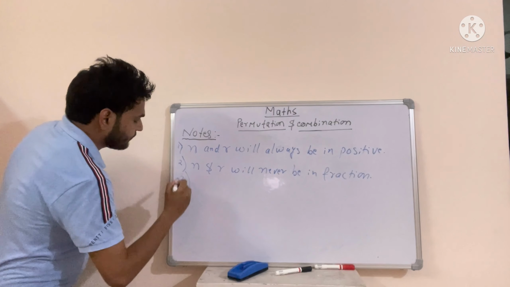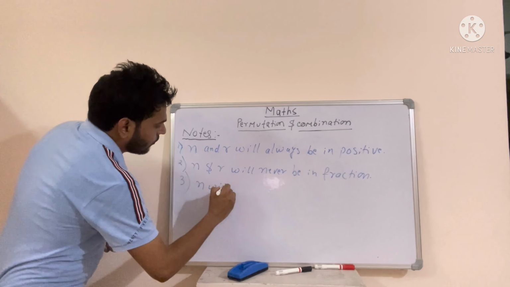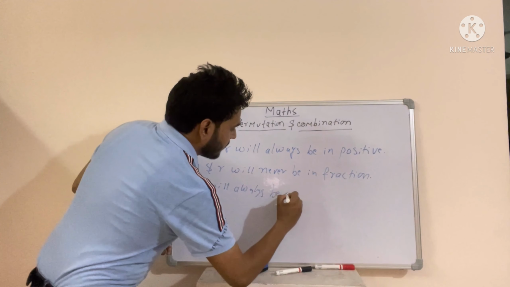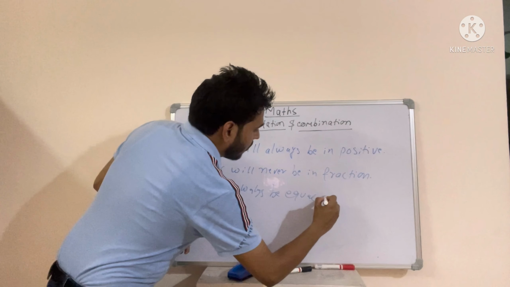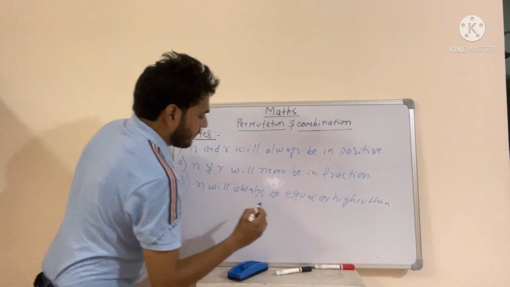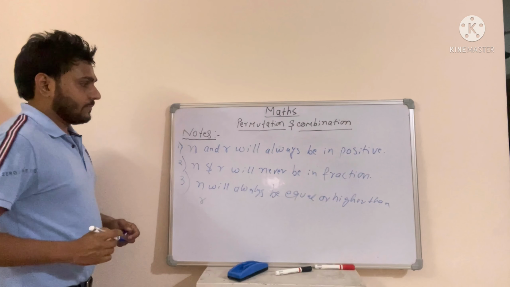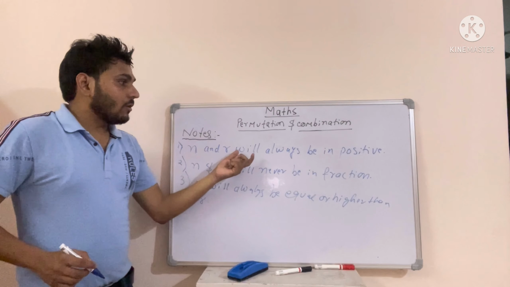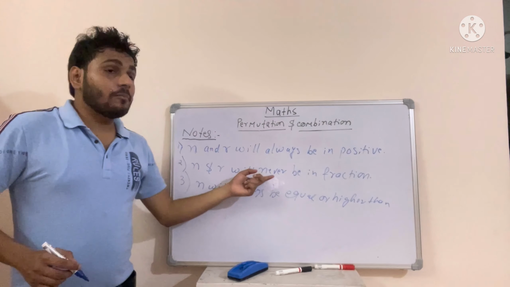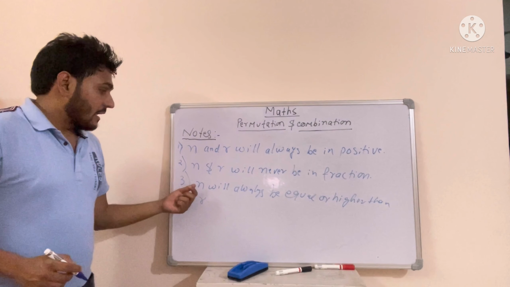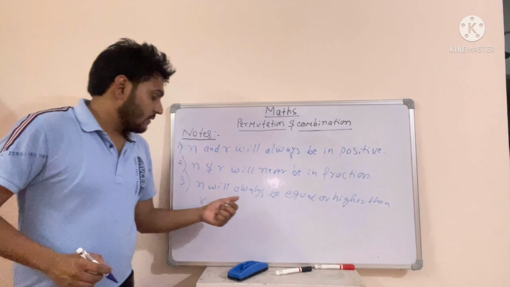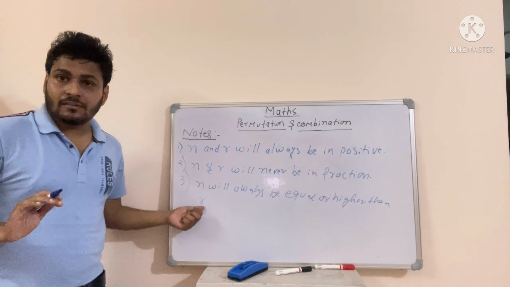Number 3, n will always be equal or higher than r. So: n and r will always be positive, n and r will never be in fraction, and n will always be equal or higher than r. This is fine? Okay.